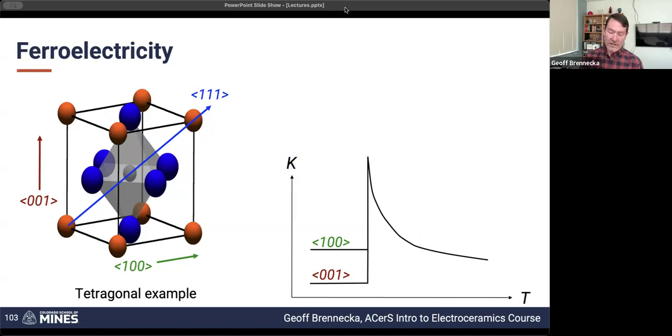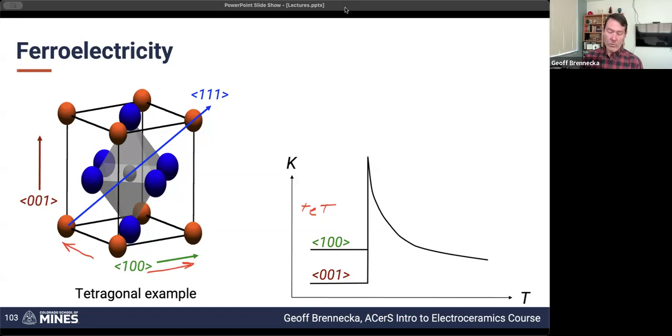So if we look at the unit cell after it's turned into tetragonal, so this is the tetragonal side. Crystallographically, this is the 100 direction. That's 010, and then 001 is vertical.